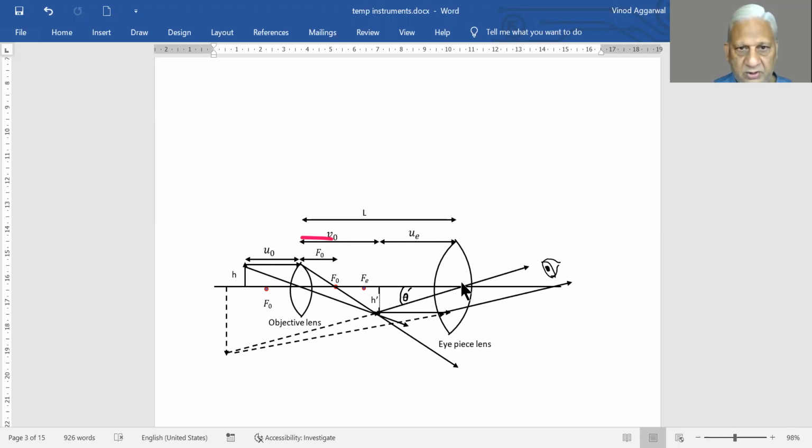Now let's come to this particular lens. This distance will be u for this lens, right? And this is the focal point of this lens.